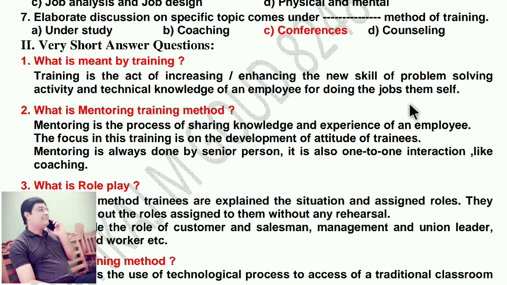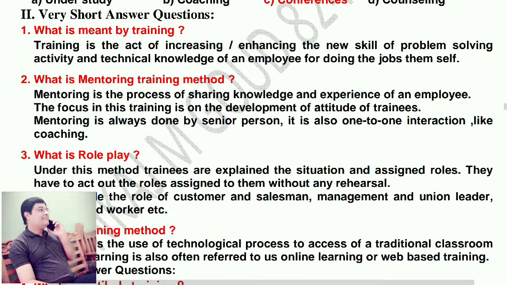So what do you mean by training? Solving the activity and technical knowledge of an employee for doing the job themselves. So this is known as training.